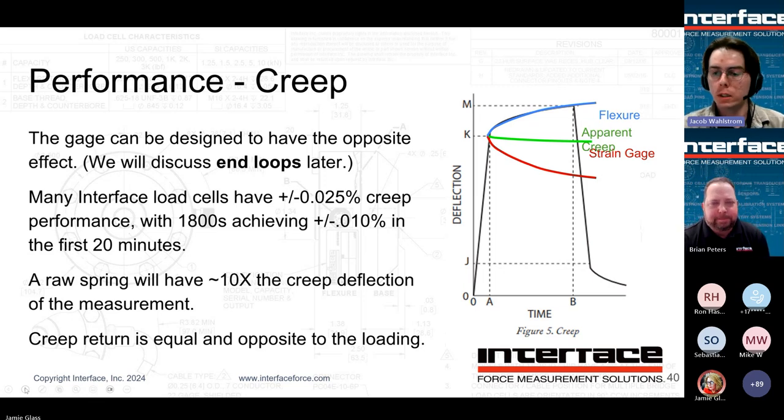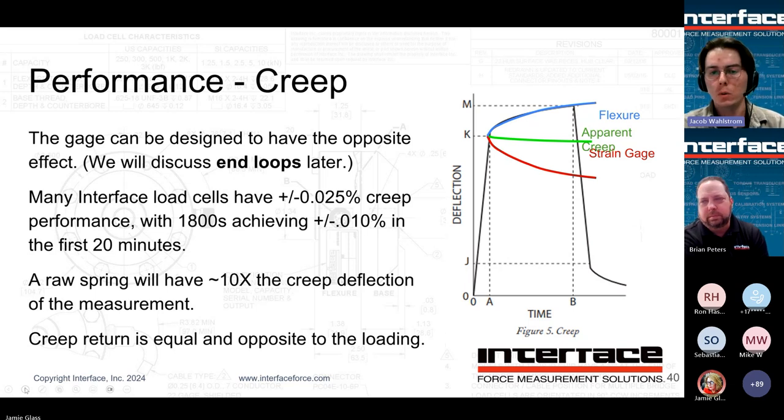So the flexure will still deflect more over time and creep, but the strain gauge that gives the output is able to creep a lot less. This is a pretty important aspect you should be considering. If you were going to measure force and correlate it to deflection, the deflection alone will creep 10 times the amount that the millivolt per volt strain gauge output would give.